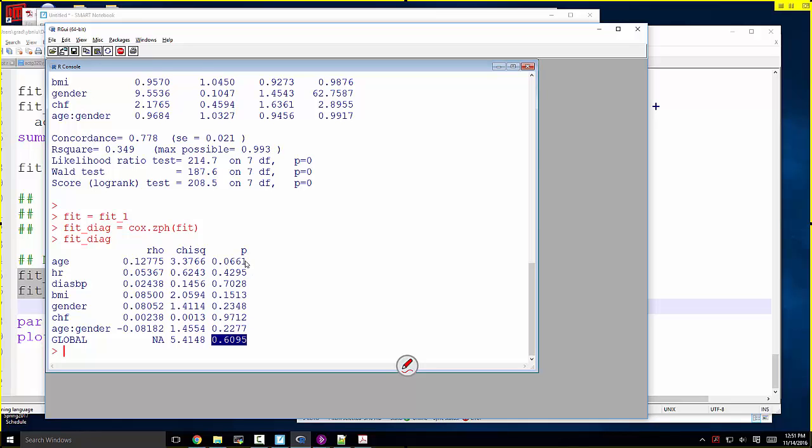I will show you today how to make a picture to assess these kinds of things. Also, probably not today, but coming soon, I'll tell you about alternatives that we can use if we're trying to fit a Cox model, but it looks like one or more of the covariates does not satisfy proportional hazards.